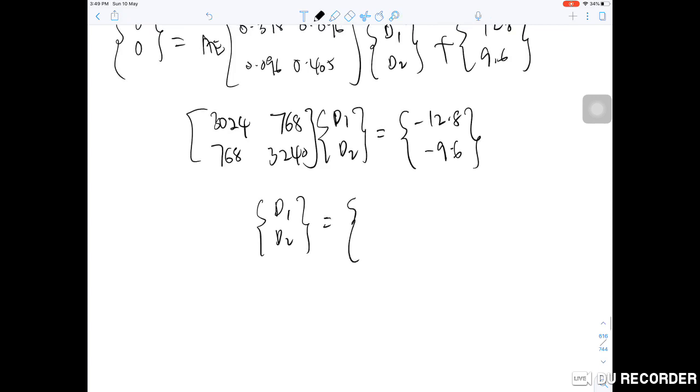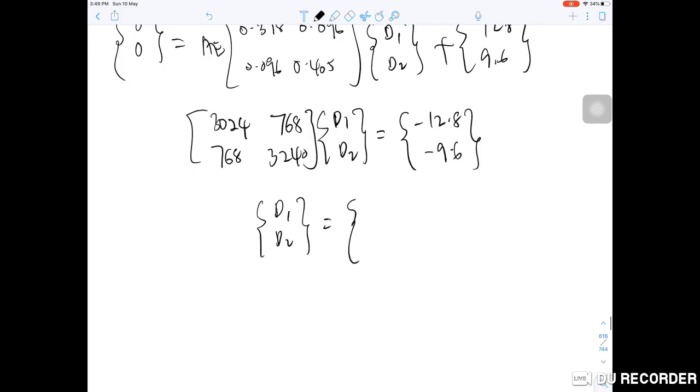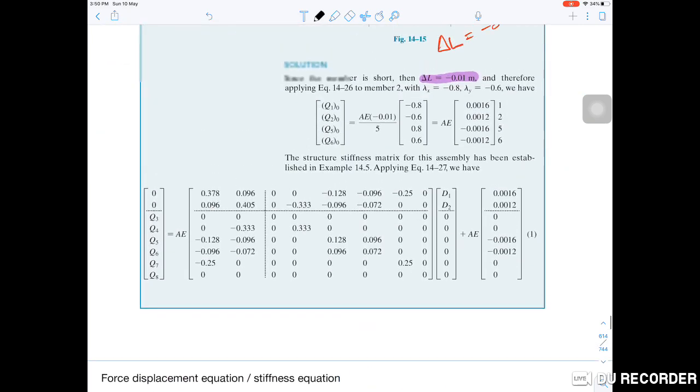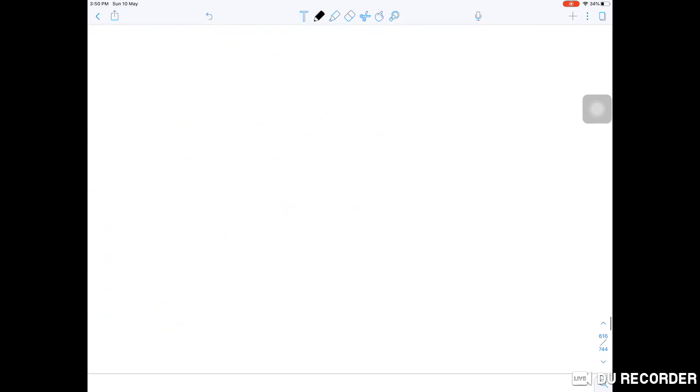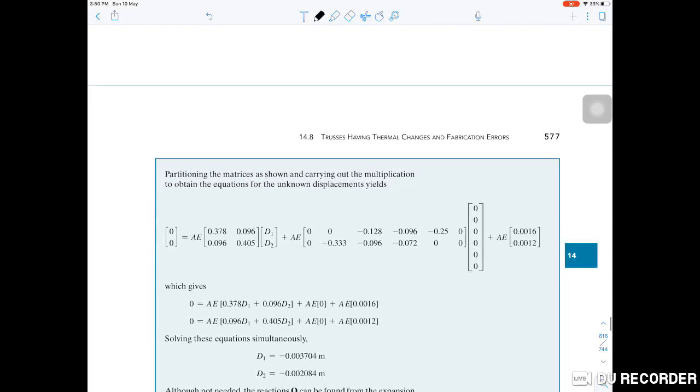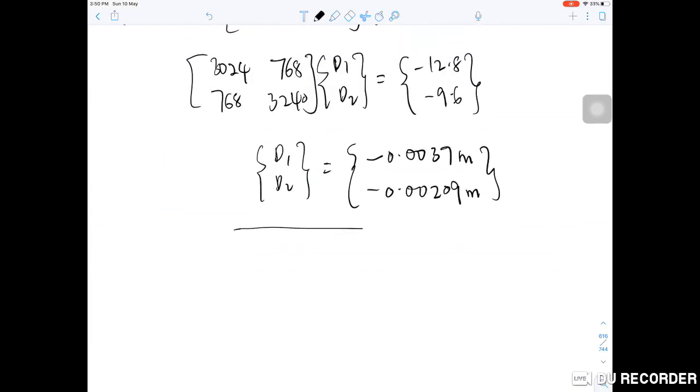So we get D1 equal to negative 0.0037 meter, and D2 is equal to negative 0.00209. Same answer. So this is the displacement considering fabrication error.